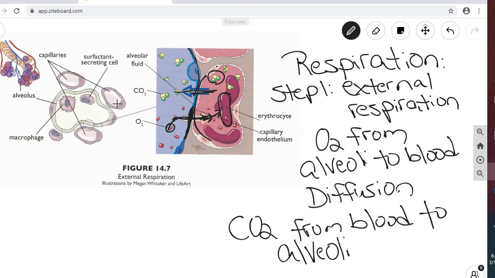Then, when you exhale, the carbon dioxide goes into the air and gets eliminated from the body. Again, the CO2 diffuses across this very thin, simple squamous epithelium.